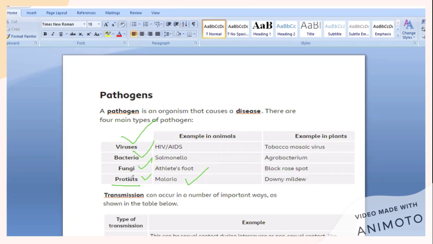But what was the specific name? Amar Saad, the name is Plasmodium, not Plasmoid. The name is Plasmodium. Yeah, that's what I said. Plasmodium.